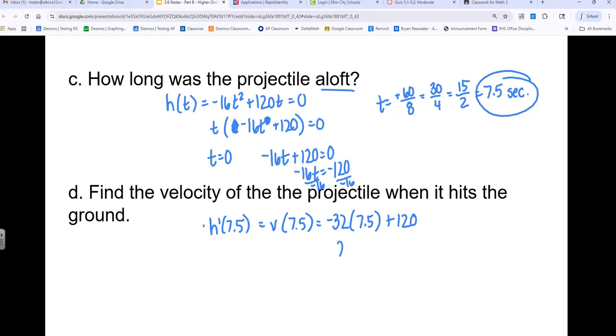This is negative 240 plus 120, and you get negative 120 feet per second. So we kind of went ahead and did a little bit of this because we had the opportunity to do the rockets. So this is sort of a reiteration of that.